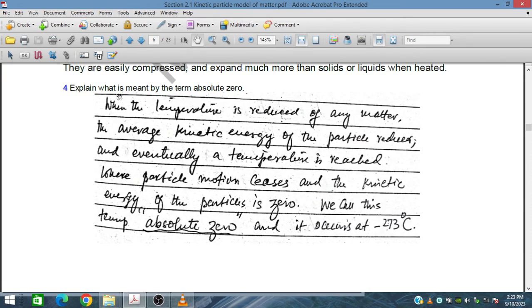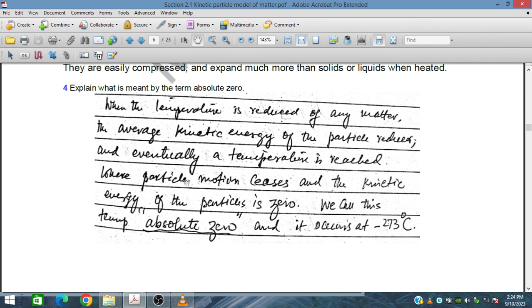Question number 4. Explain what is meant by the term absolute zero. When the temperature of any state of matter is reduced, the average kinetic energy of the particles reduces. Eventually a temperature is reached where the particle motion ceases.